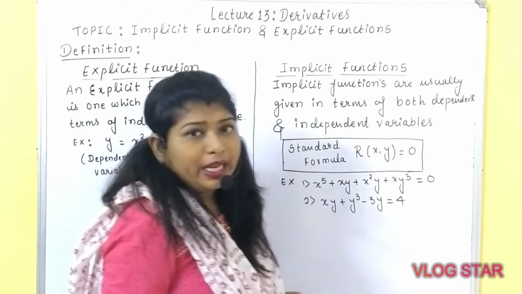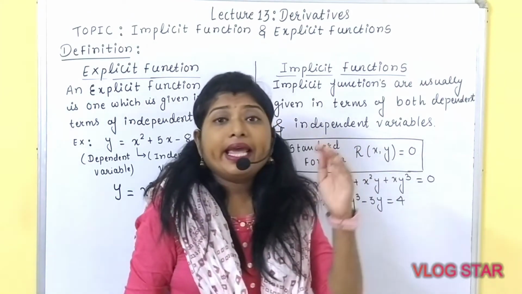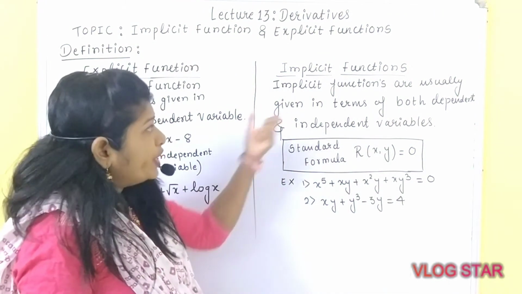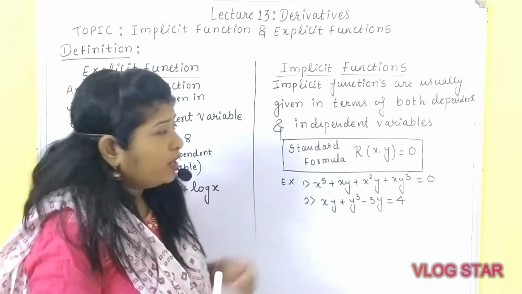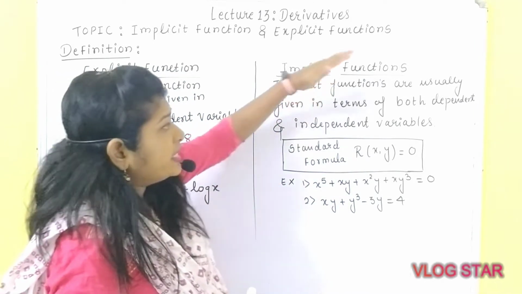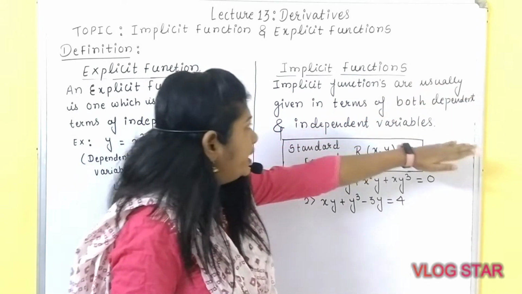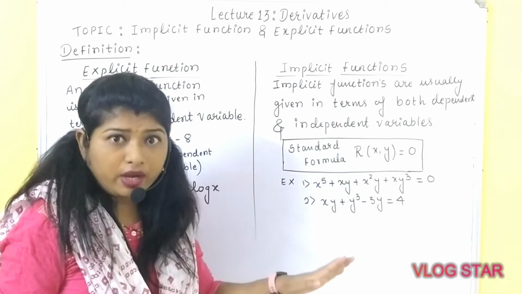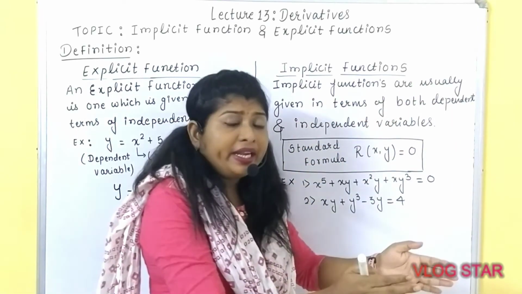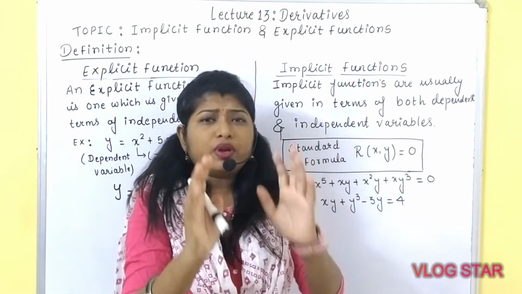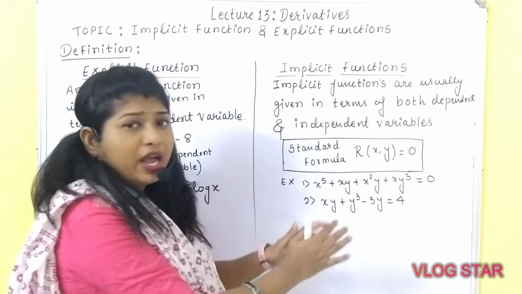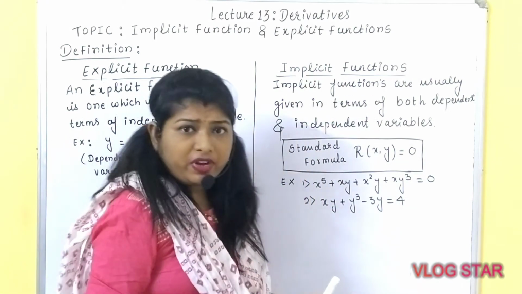Coming to the second important function, that is implicit function. What is basically an implicit function? Implicit functions are usually given in terms of both the dependent as well as the independent variable. You have to remember the standard formula related to the implicit function.